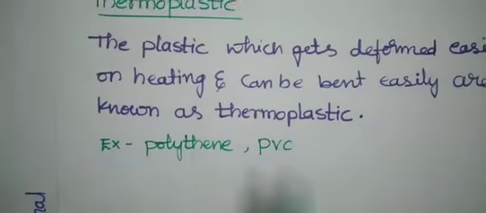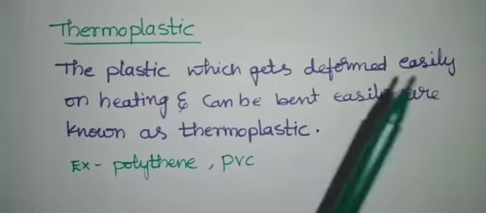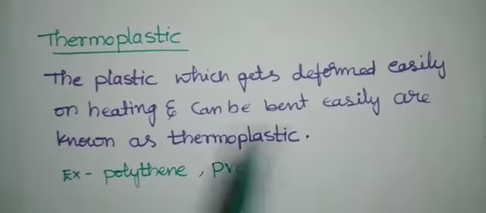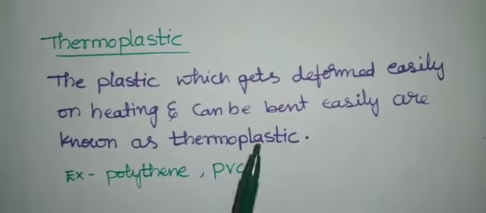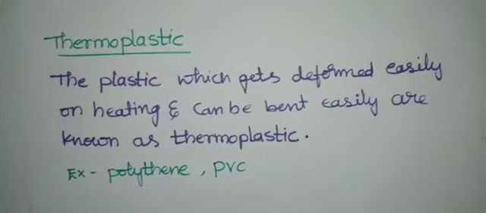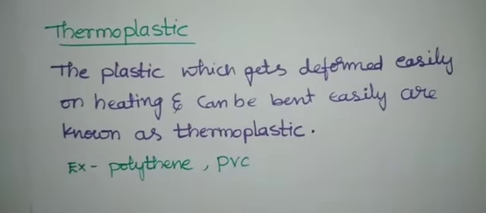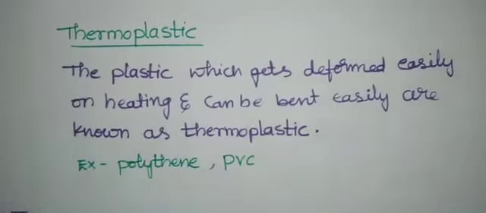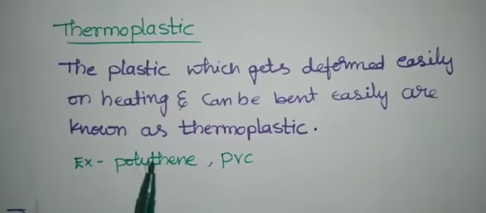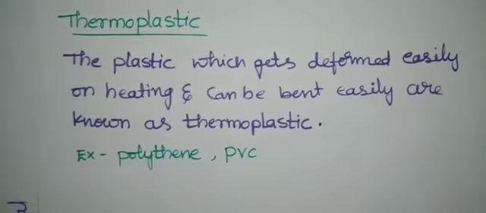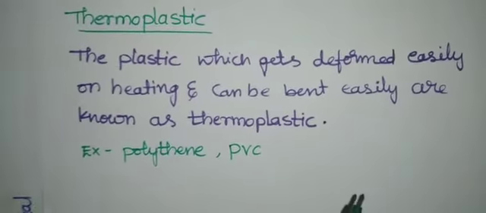Such plastics which get deformed easily on heating, and can be bent easily, are called thermoplastics. For example, polythene. Polythene we can bend in the hand, and even on heating it can be deformed.